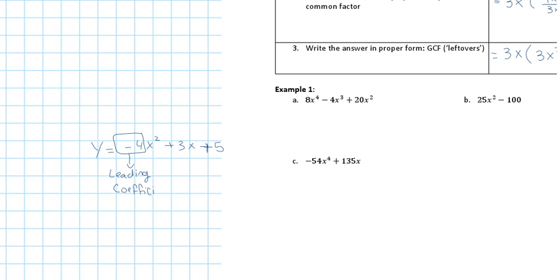And the rest are called just coefficients. This is called the leading coefficient because this is the coefficient of your first term. Technically, this is how the terms should be written in order of highest degree and so on: highest degree, lowest degree, and then no degree.